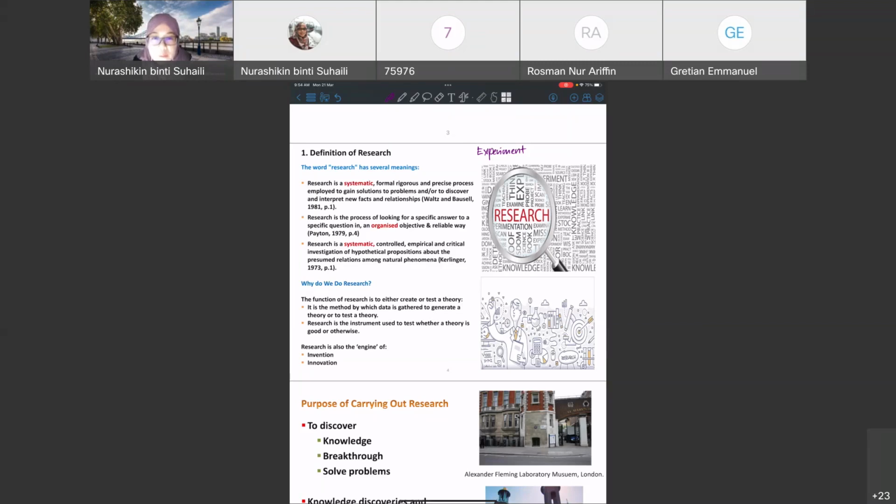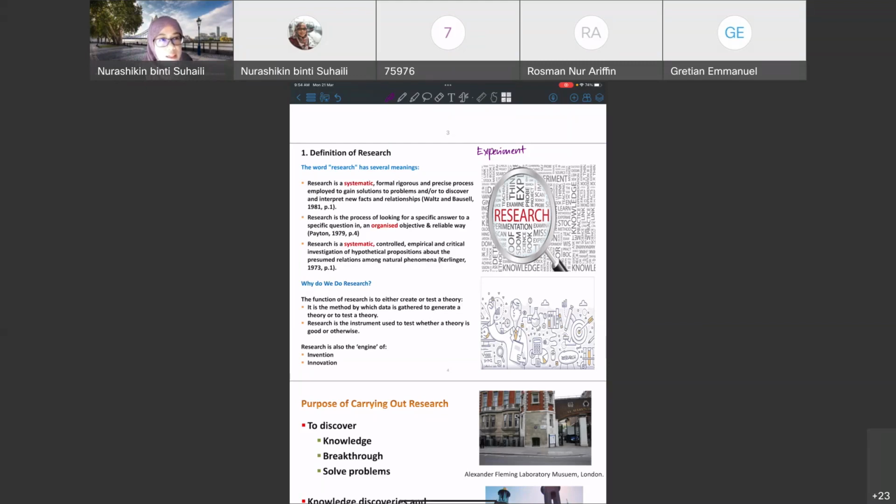Okay, now I want to know about what's the difference between experiment and research. Is it the same? No, doctor. No, okay. So what's the difference? Apa bezanya?